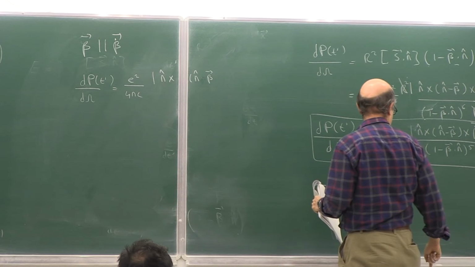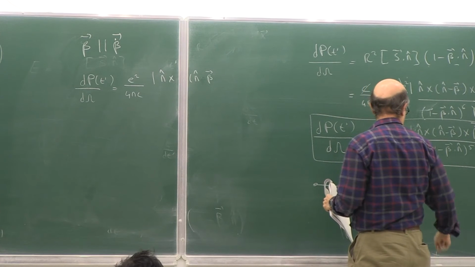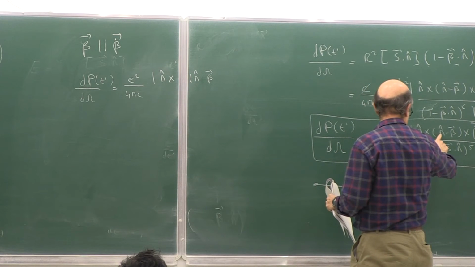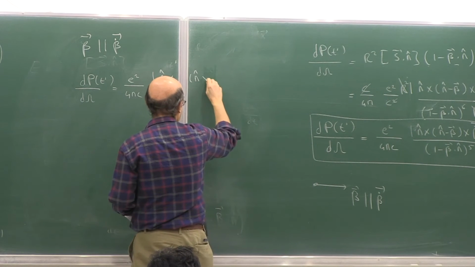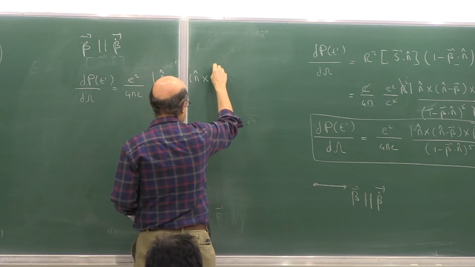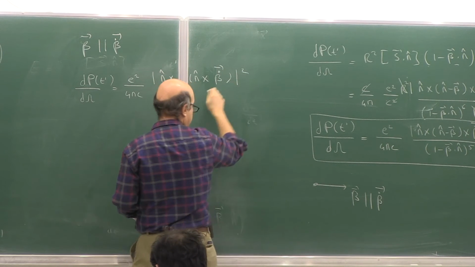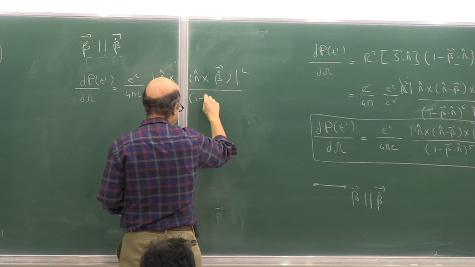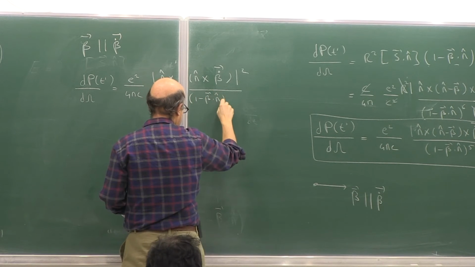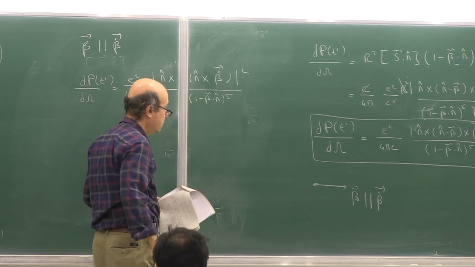Which term will survive? Oh, n cross beta dot will survive. The n cross beta dot term will survive, and that should be divided by 1 minus beta dot n to the 5th power.